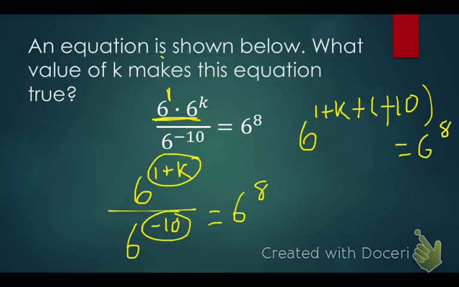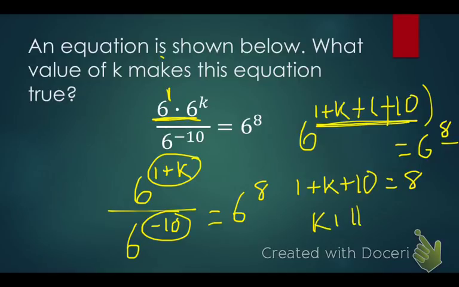So what that tells me is that whatever this is here has to equal 8. So I can rewrite this as an equation. 1 plus k plus 10 equals 8. Well, 1 plus k is 11. So k plus 11 equals 8. Subtract 11 from both sides. K equals -3. So that is my answer.